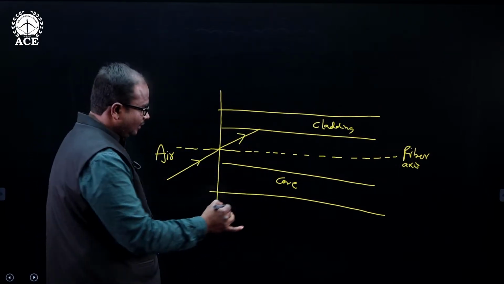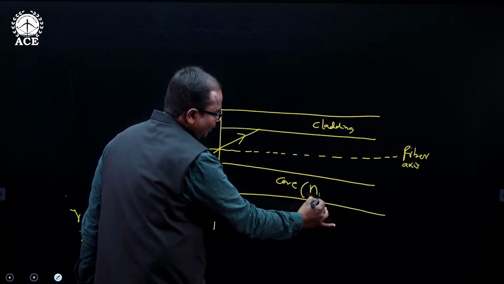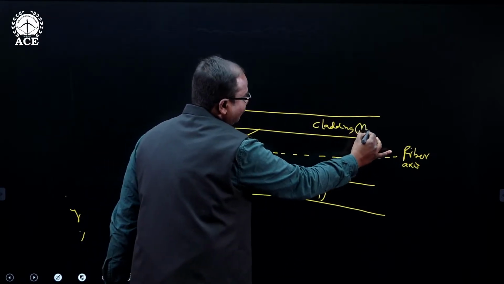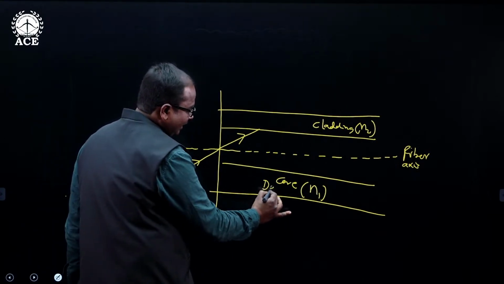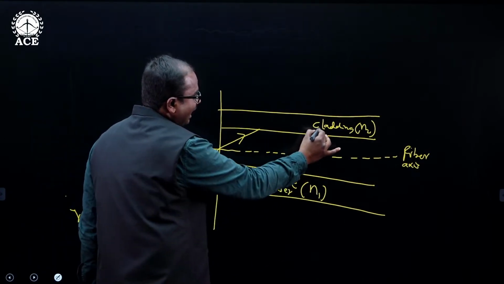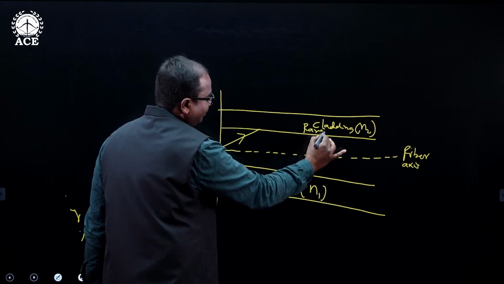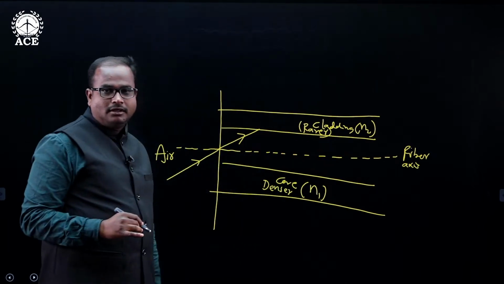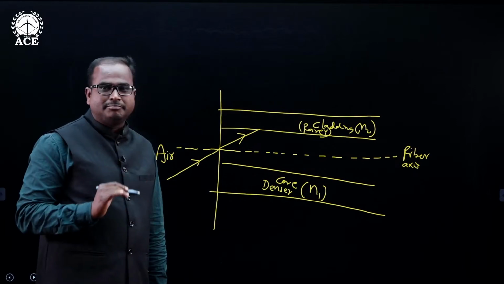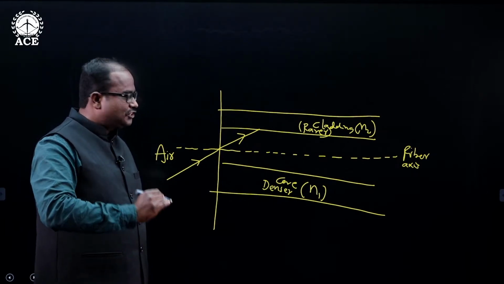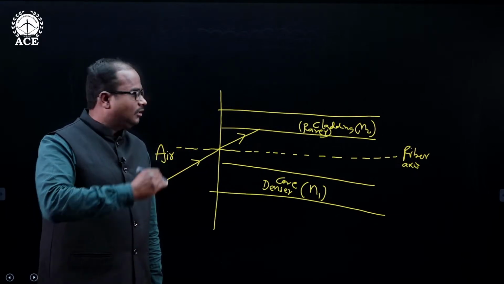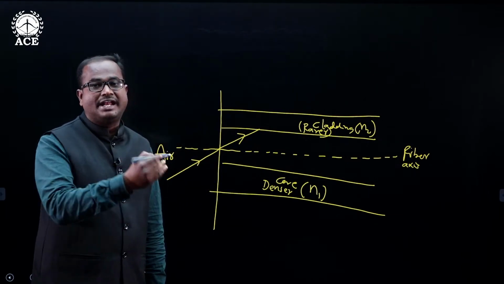As we already know, the refractive index of core is slightly greater than the refractive index of cladding. That means core is acting as denser medium, cladding is acting as rarer medium. Now the light is going from denser medium to rarer medium, that means core to cladding.